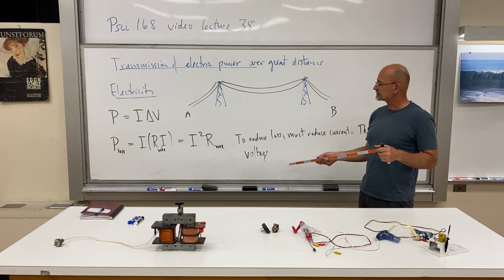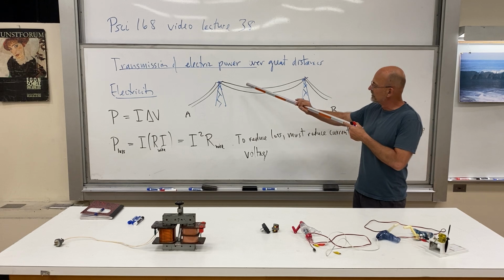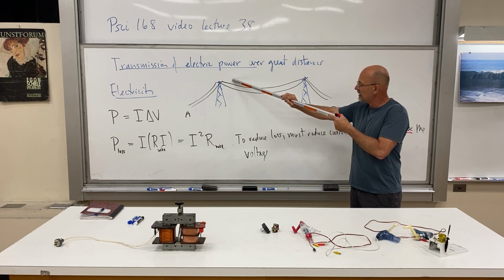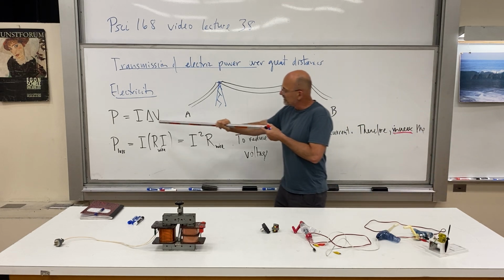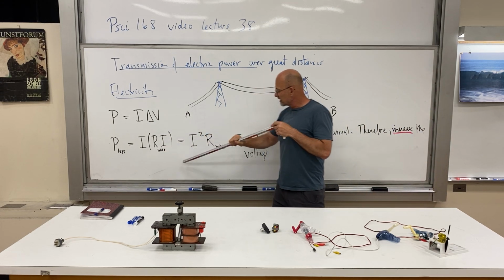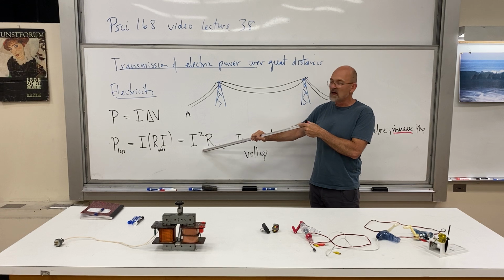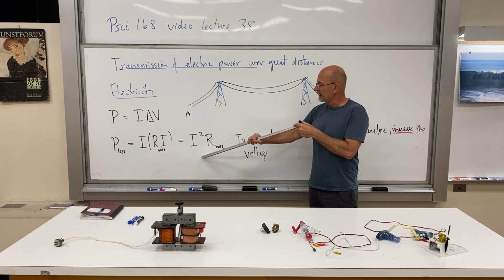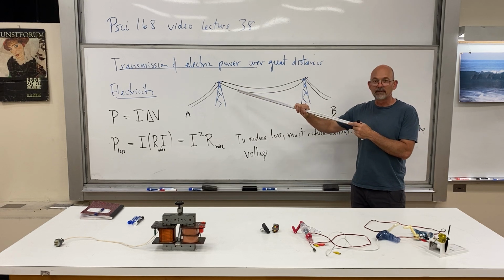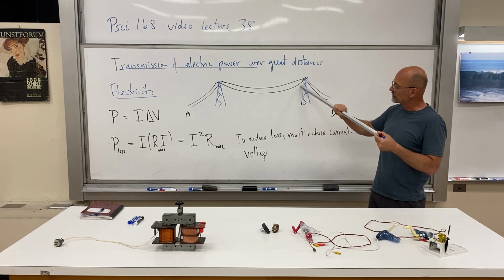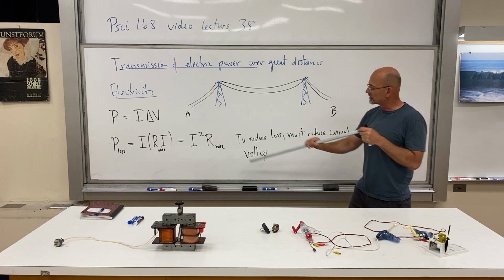Okay, and so you have 120,000 volts here, correspondingly smaller current, correspondingly much smaller losses. Tiny fraction. In fact, without that high voltage, you're not even going to be able to get current over those great distances. The losses will just dominate.